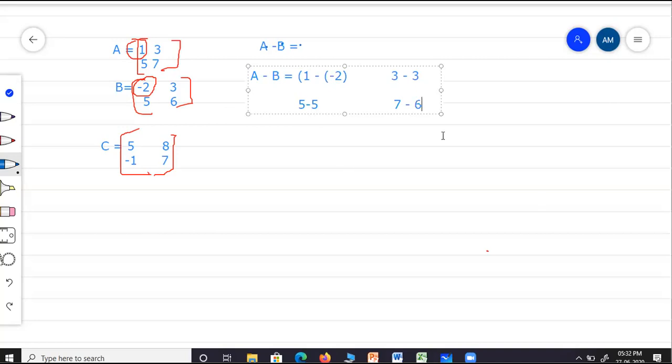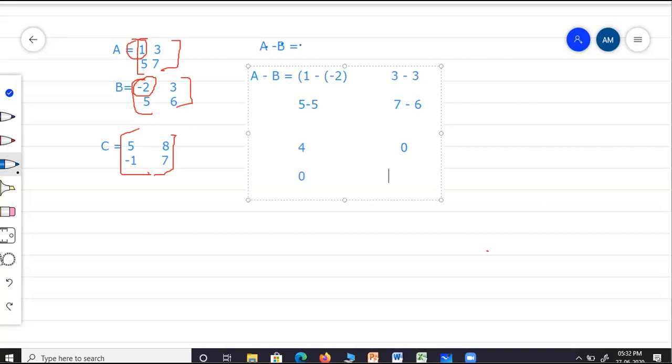So we'll get the answer as, now you can see that here we have two minus signs. So minus minus will be plus. So it will be 1 plus 2, which is 3. 3 minus 3 is 0. 5 minus 5 is 0.